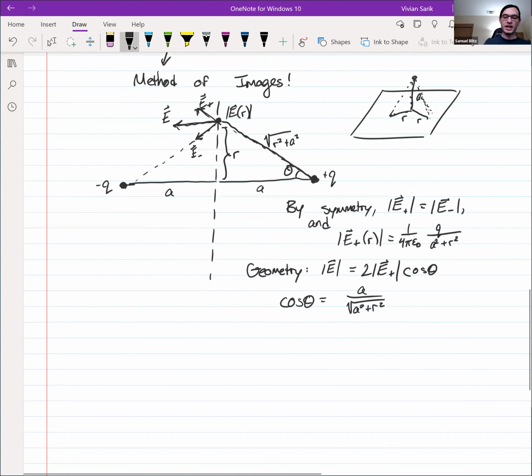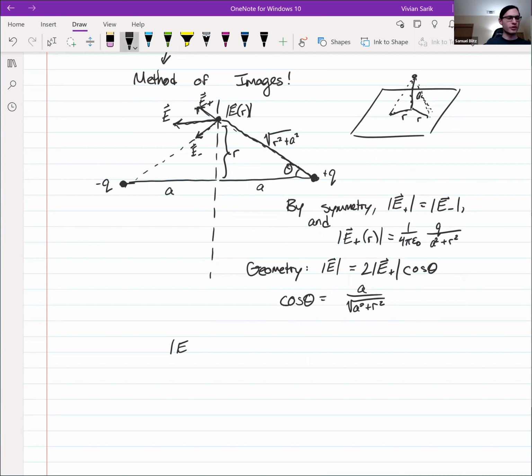And so at the end of the day, by the way, all of this sort of thing you've done before, so that's why I'm going over it quickly. The magnitude of the total electric field, the one that points to the left, is just Q times A, and there's a bit of work going into this, I've done simplification, divided by 2 pi epsilon naught times A squared plus R squared to the 3/2.